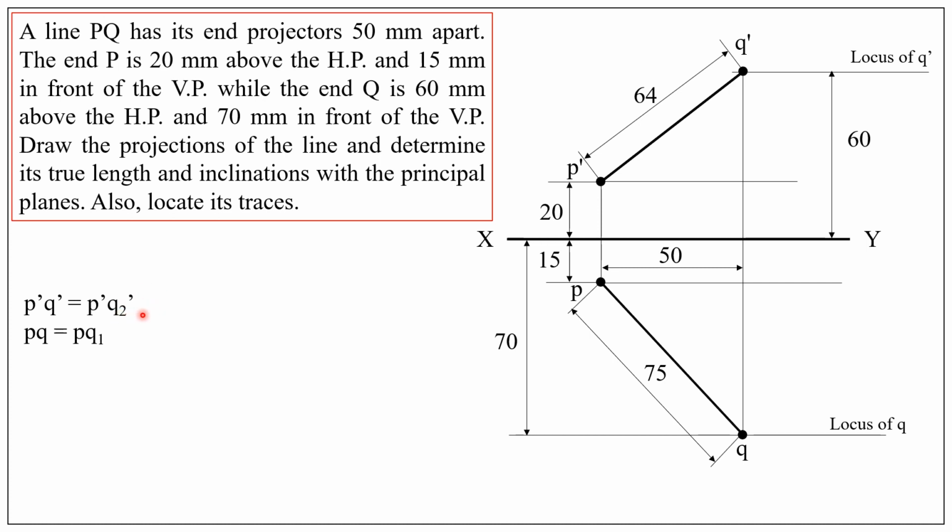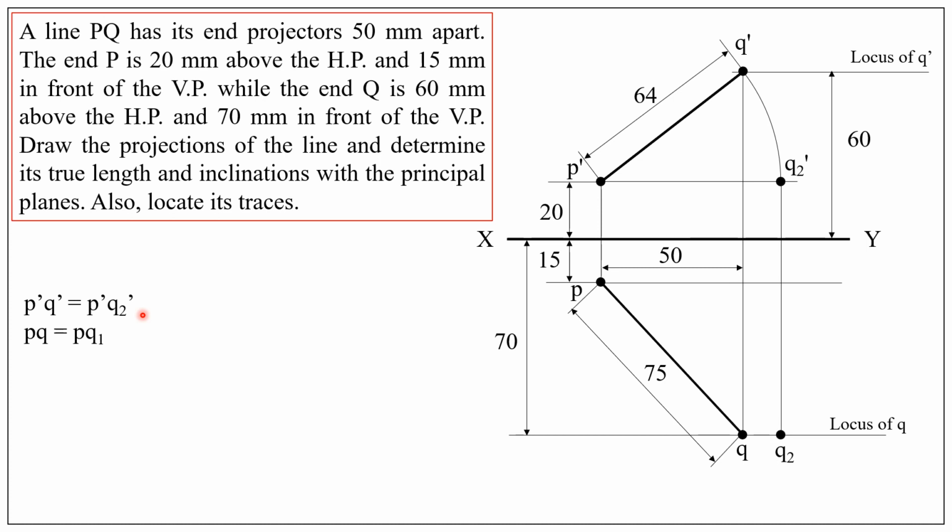To locate Q2 dash, take the length P dash Q dash as radius in compass with P dash as center, draw an arc until it cuts the horizontal through P dash and that point is Q2 dash. From Q2 dash, draw a perpendicular and obtain point Q2.